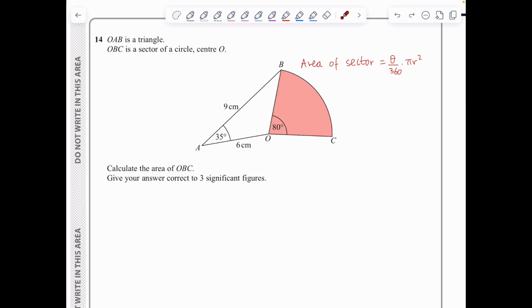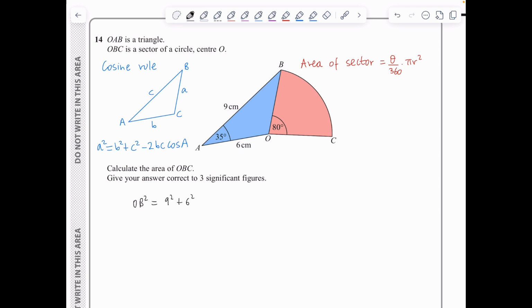So looking at the triangle OAB, I'll be using the cosine rule here to find the missing side OB, and therefore proceed in finding the area of the sector. So I will start with the cosine rule. We've got that OB squared is equal to 9 squared plus 6 squared minus 2 times 9 times 6 cos of 35.